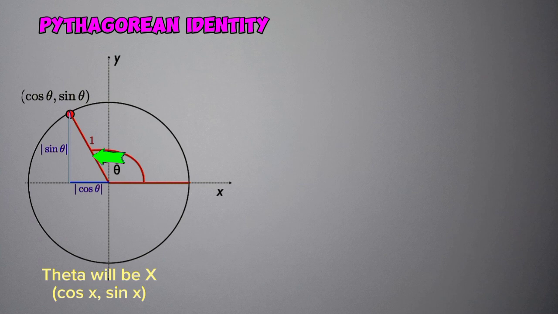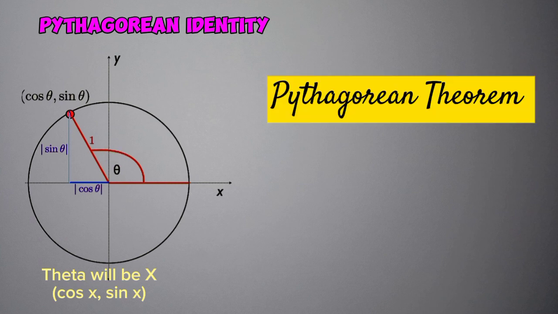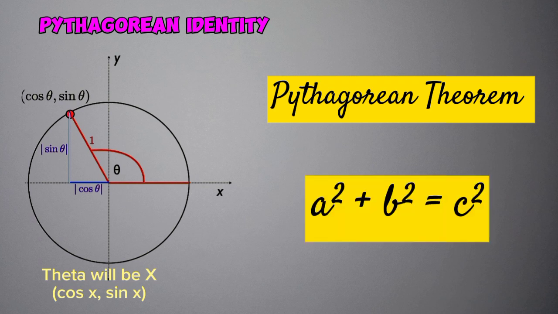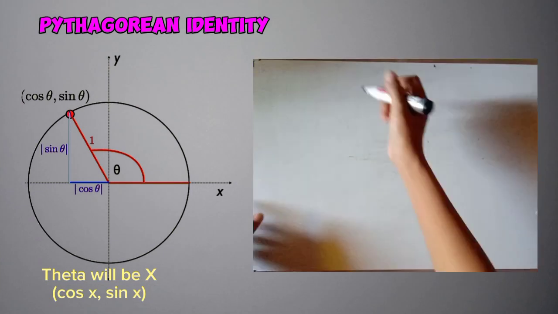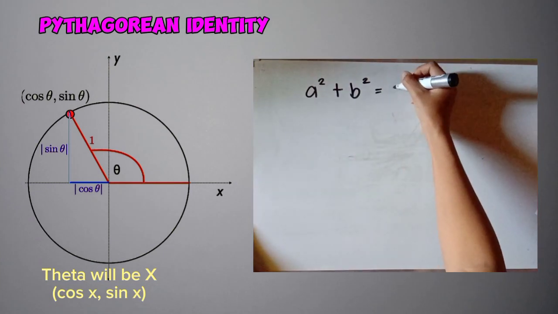In deriving our first Pythagorean identity, we are going to use the Pythagorean theorem formula: a squared plus b squared is equal to c squared. This formula is always true for a right triangle. So since our triangle is a right triangle, we will just substitute the values of our sine and cosine in the Pythagorean formula.